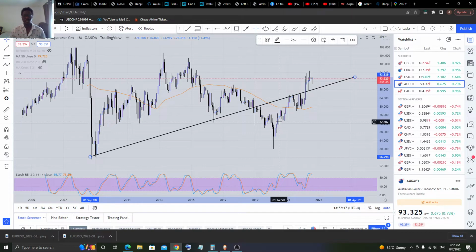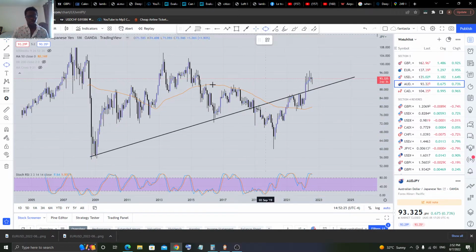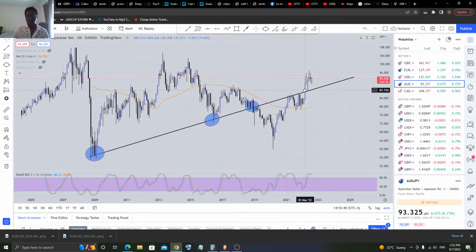And anytime I see a buy signal right here, I'm gonna take it. And look, price touches right here, right here, right here, and then right here.